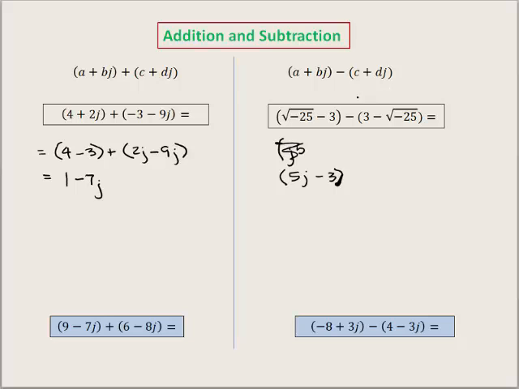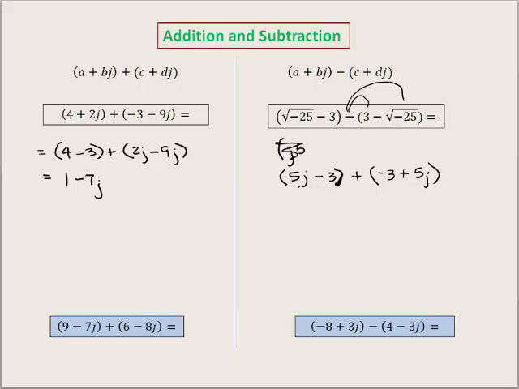Now remember, we're going to distribute this in, and that negative changes the sign to a plus, and we bring that out as 5j.